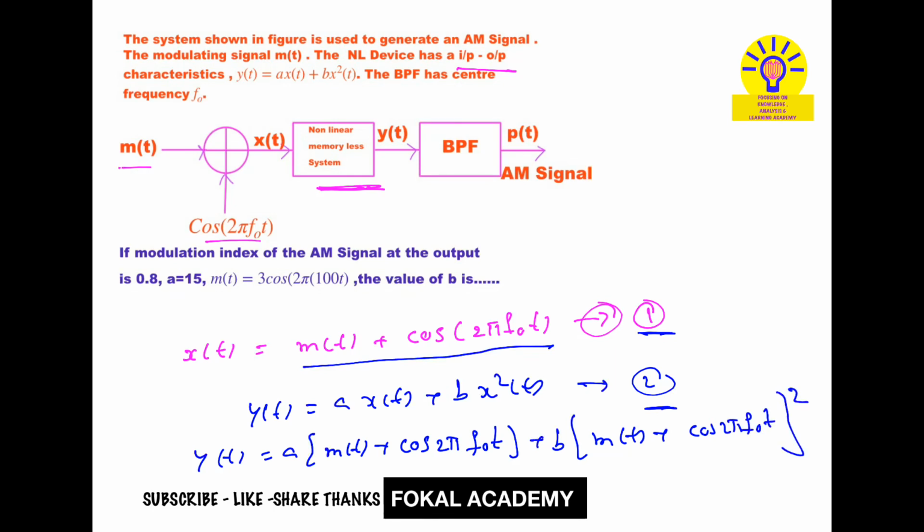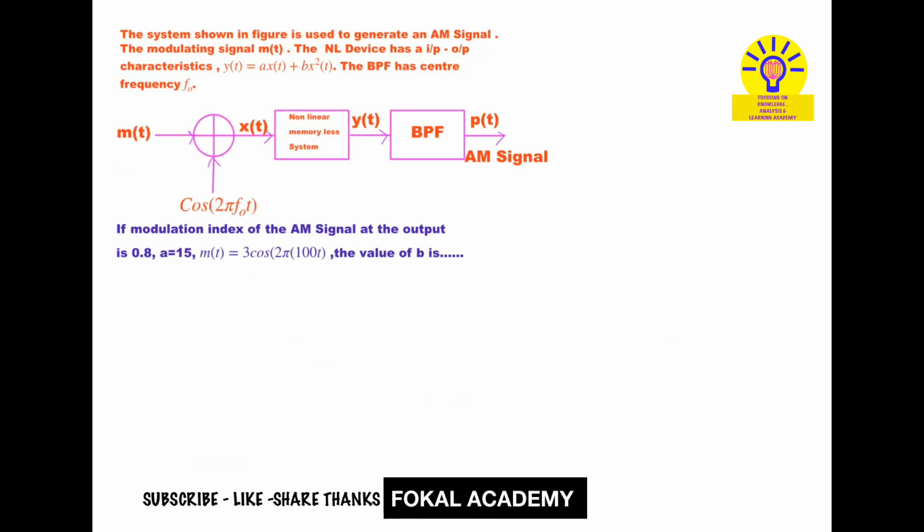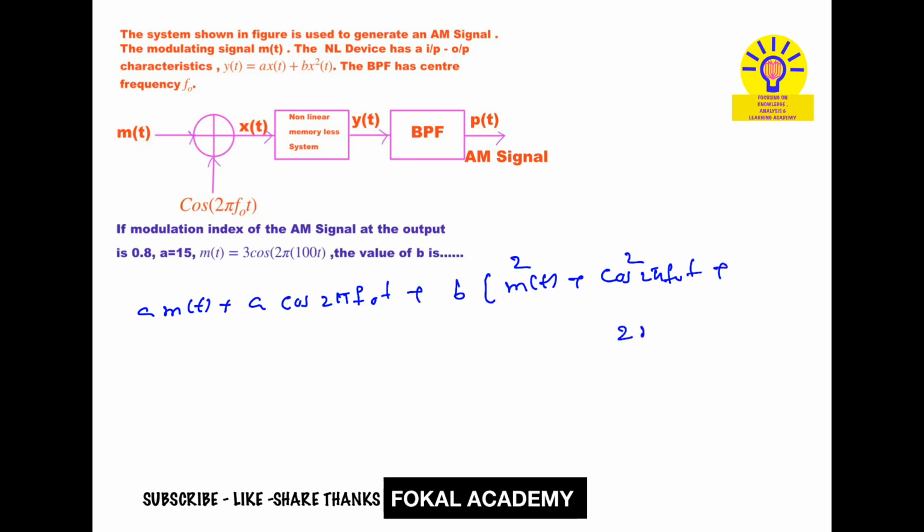By simplifying this equation, we get a·m(t) + a·cos(2πf₀t) + b·(m²(t) + cos²(2πf₀t) + 2·m(t)·cos(2πf₀t)).